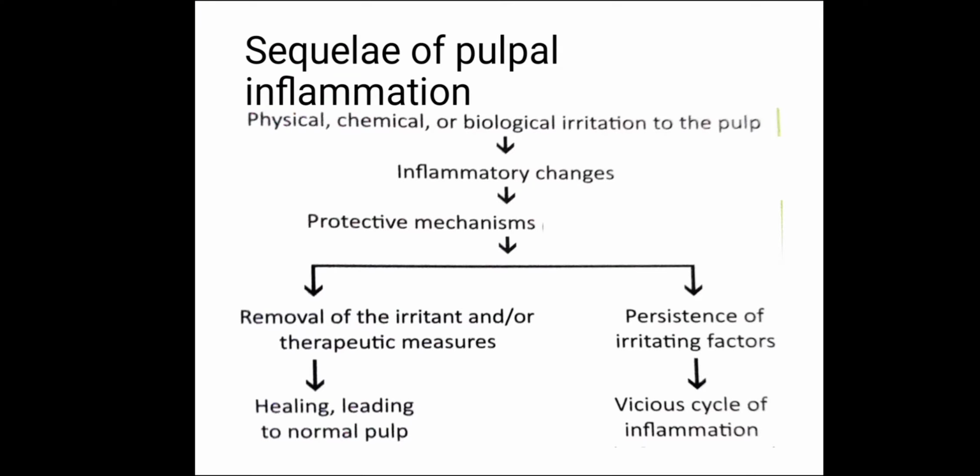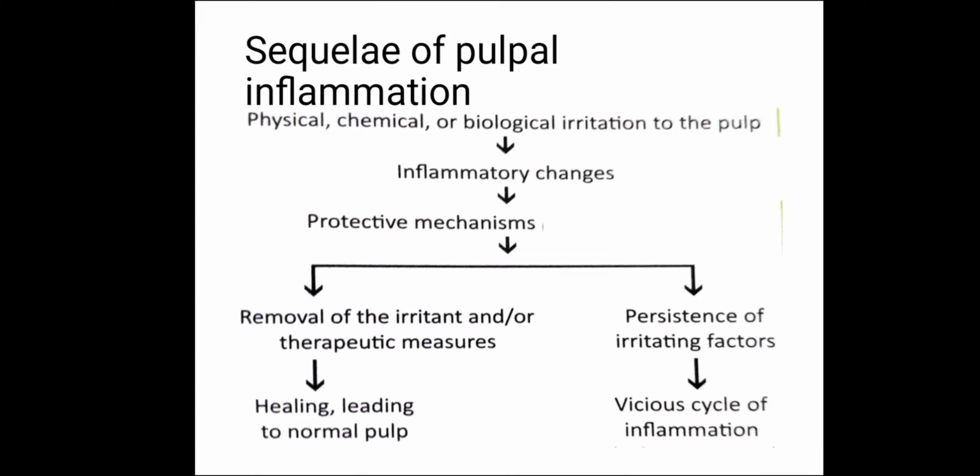Now coming to sequelae of pulpal inflammation. For this, the pulp is first irritated by a physical, chemical, or biological irritant. Hence, inflammatory changes are seen. Now, the body's protective mechanism comes into play. We would be discussing this protective mechanism.